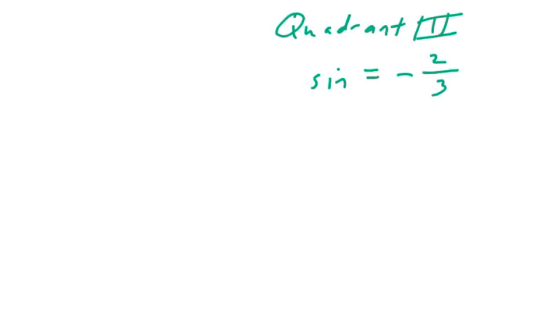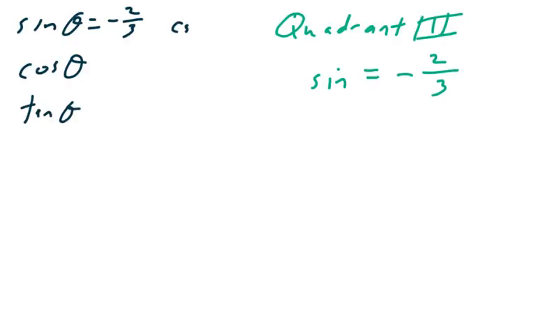Alright, so this time they give us quadrant 3 and they tell me that the sine is -2/3. So I need to find the other 5, and the easiest one is, since I already have the sine, I have the cosecant.